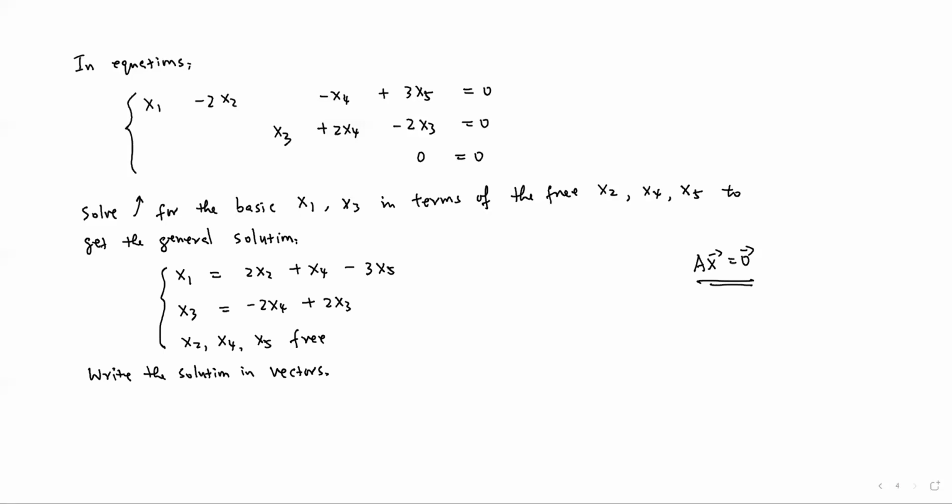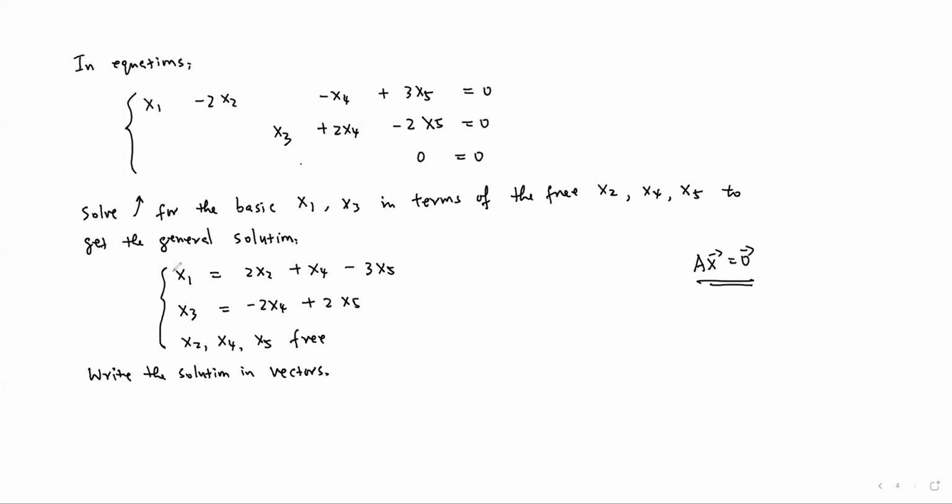I think just in the second equation, it needs to be 2x5 instead of 2x3. The second equation, you mean this equation? Yeah, so the negative 2x3 should be negative 2x5. Oh, correct. Sorry. Here, this is a 2x5. Thank you.